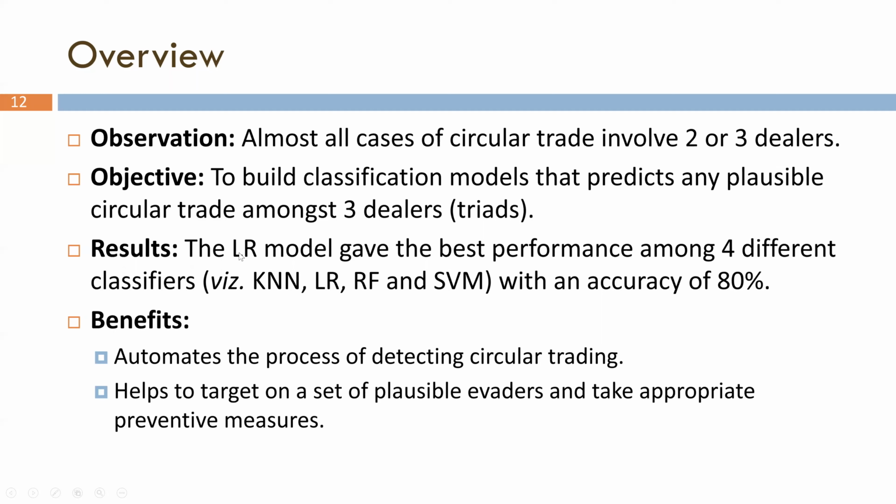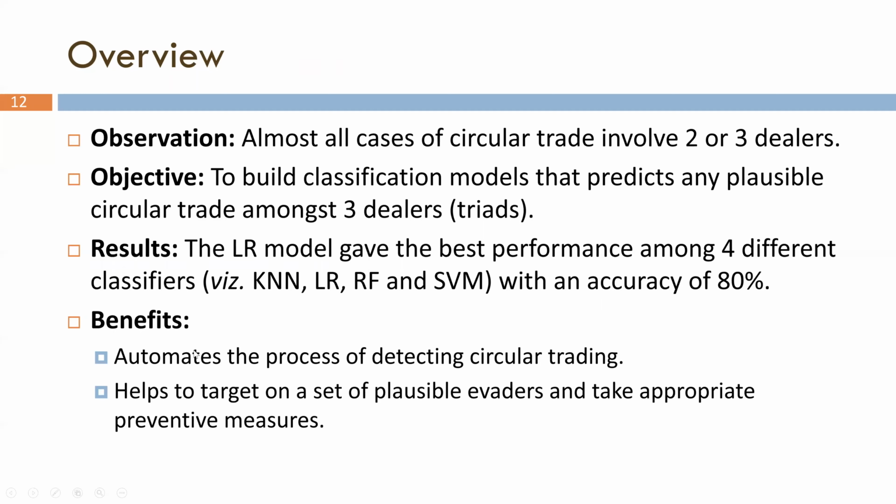The result is that the logistic regression model performed the best among the 4 different classifiers, that is KNN, logistic regression, random forest, and SVM. LR worked best because we were able to give different cutoff values for the misclassification cost, and that is defined later.